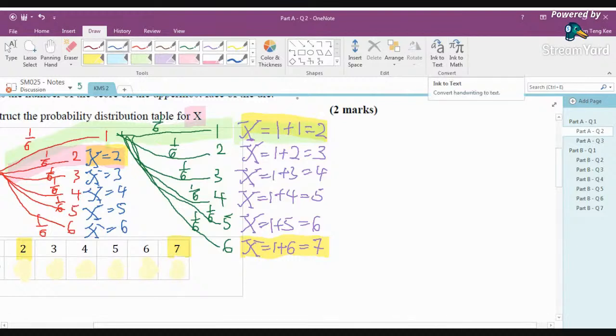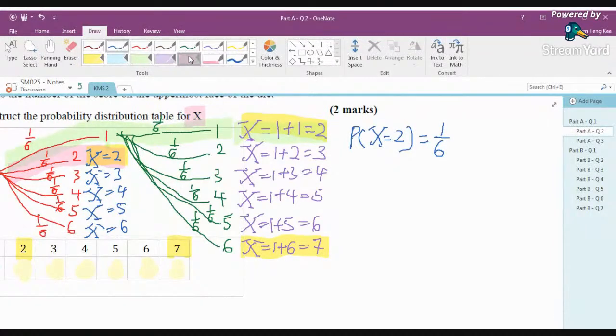In order to get P(X = 2), you have two situations. The first situation is that you directly have 2, which has probability 1 over 6, the one I highlighted in red. Plus the second case, where I first throw 1 and then throw 1 again, the one highlighted in green.